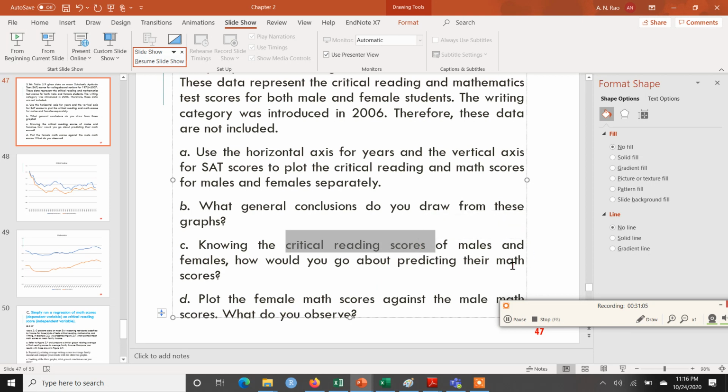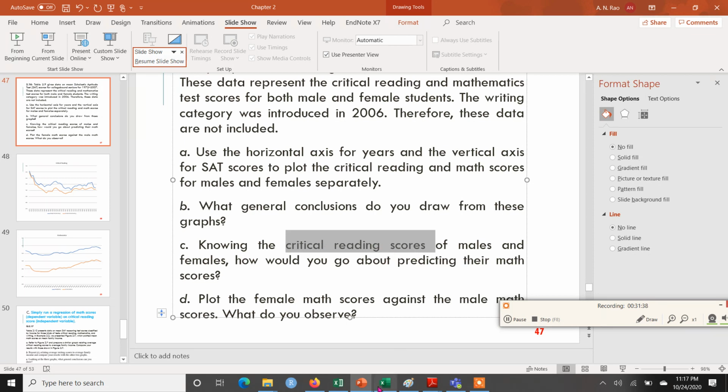You will do this activity separately for males and separately for females. You are going to plot critical reading scores of males against math scores of males, and you will see whether there is any relationship between these two. If they are strongly related, can you predict that those who score higher in critical reading score higher on the math part as well?